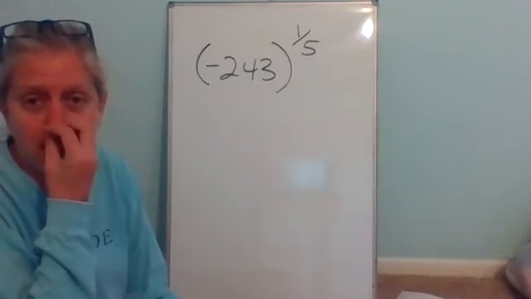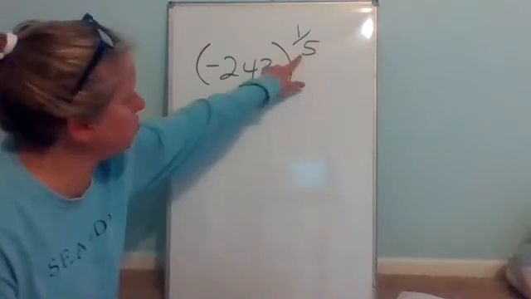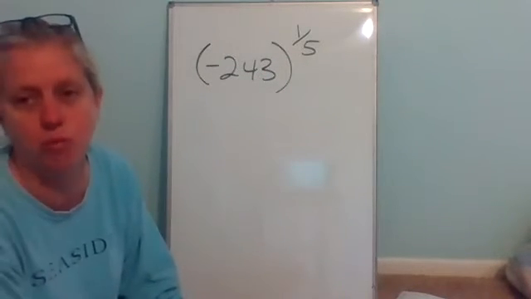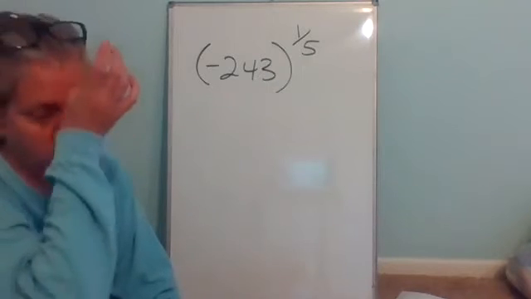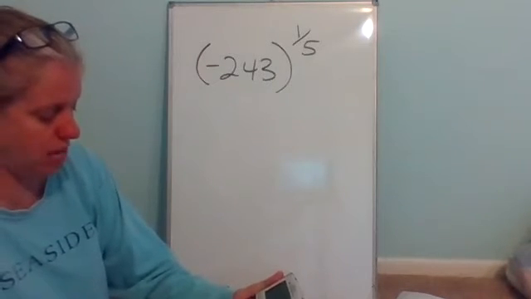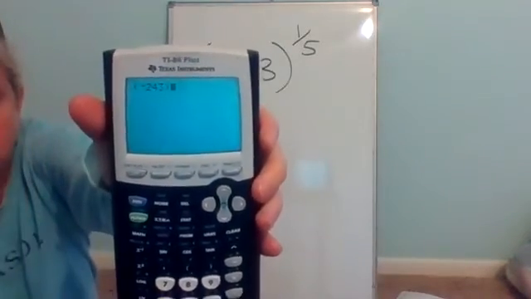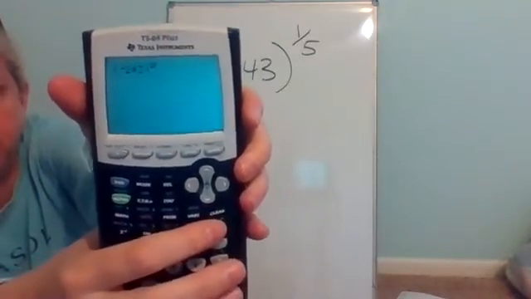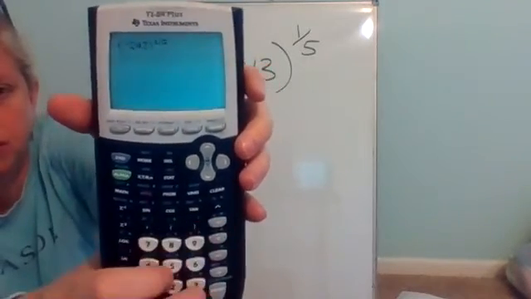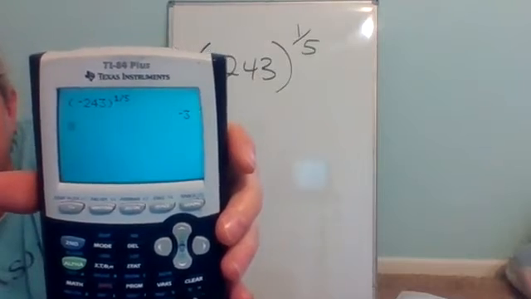If it's even, you're going to get a not real solution. Since this one is odd, I'll just put it in my calculator. My calculator would tell me not real anyway if it's not real. So in parentheses, negative 243, close. Go up into your exponent, and your exponent is 1/5. So 1/5, enter. Negative 3.